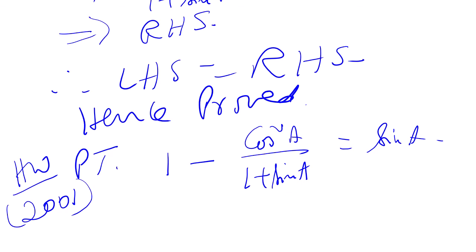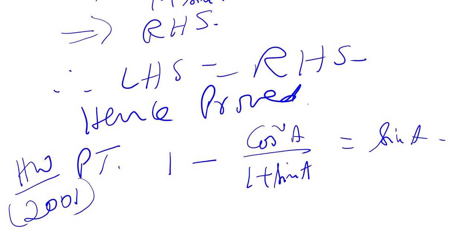So again you will have to consider the LHS. Then you will do the LCM or you will do the cross multiplication. Then you will get 1 minus cos square a plus sine a upon 1 plus sine a. That is when you multiply this.